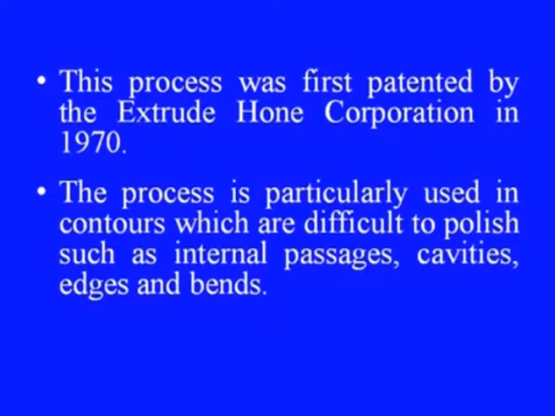This process was first patented by the Extrude Hone Corporation in 1970. The process is particularly used in contours which are difficult to polish, such as internal passages, cavities, edges and bends.